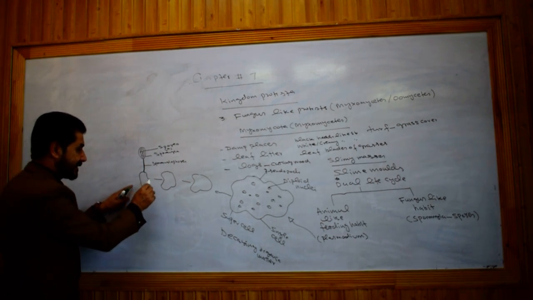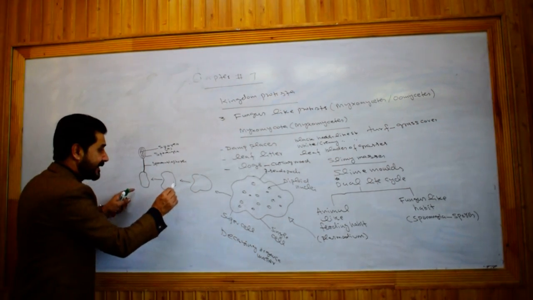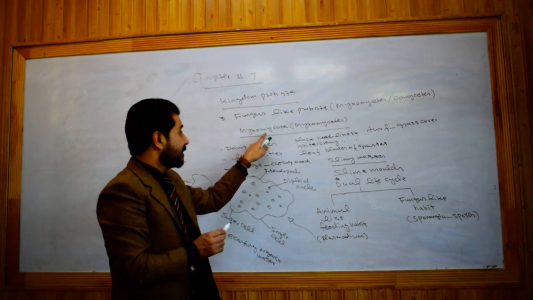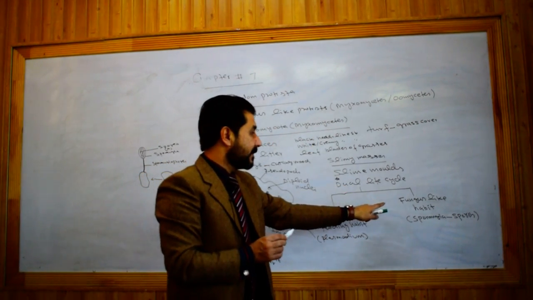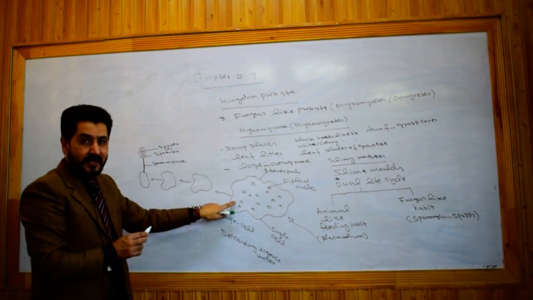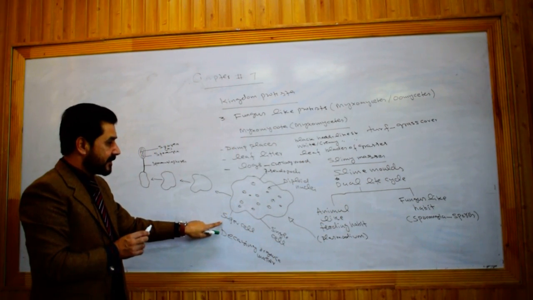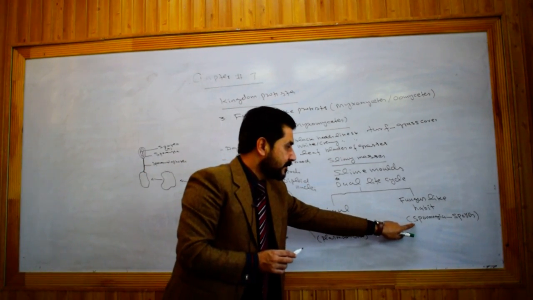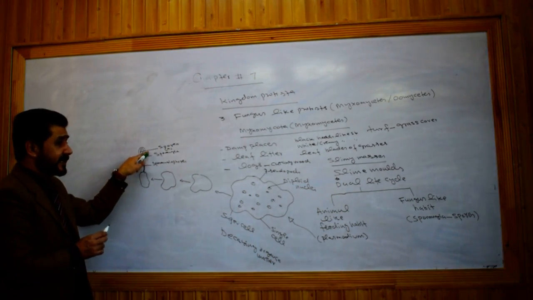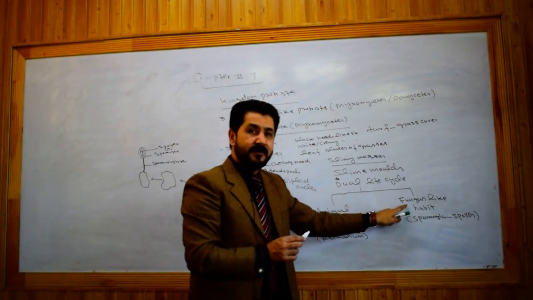So at this stage the slime molds, the members of myxomycota, behave like a fungus. At the other stage it behaves animal-like because of its feeding habit. It is called the animal-like habit. But whenever it produces sporangia having spores in them, at this stage it behaves like a fungus.